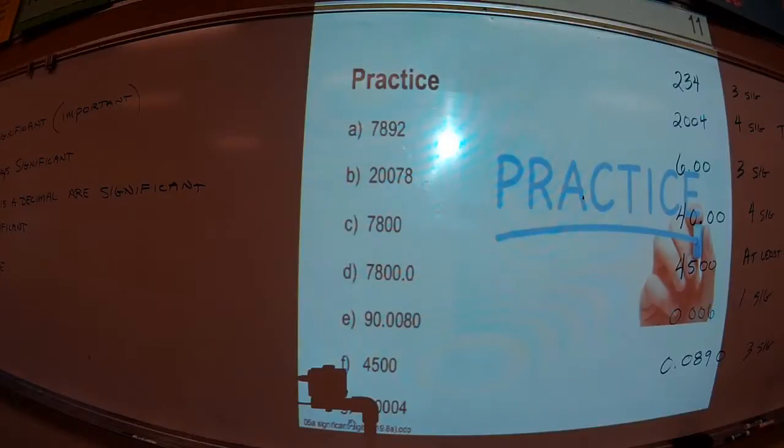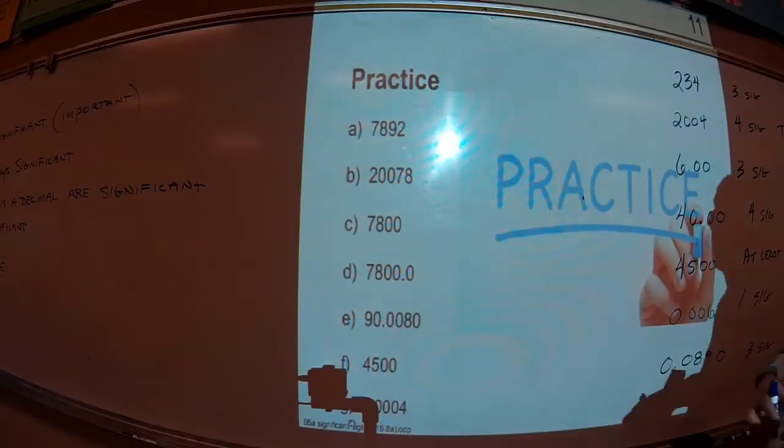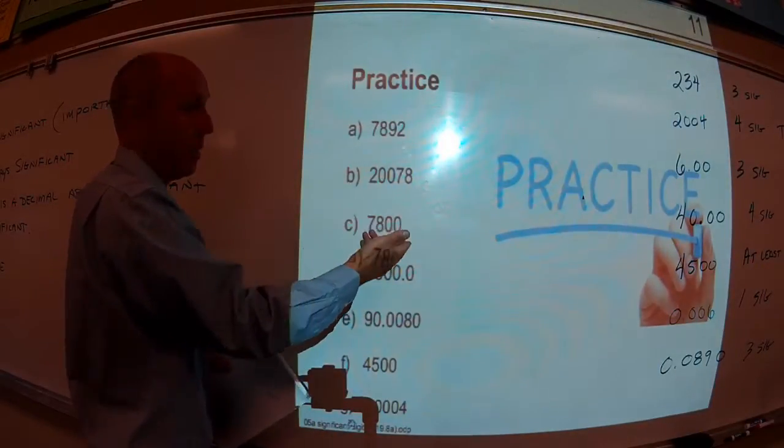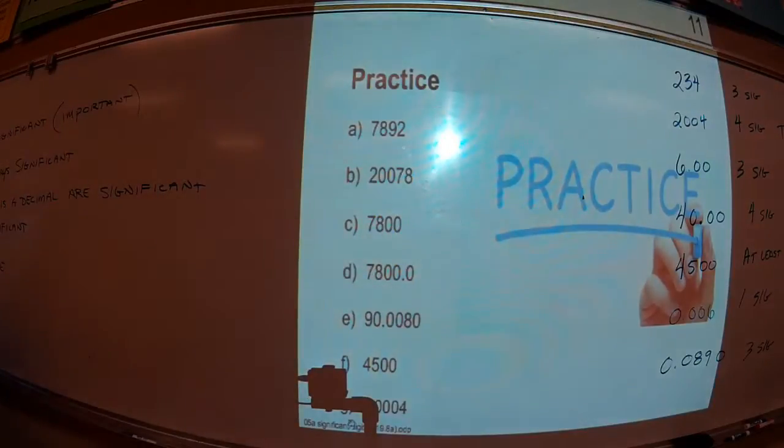Yes. 2? Maybe it's 3, maybe it's 4. I don't know. So I would call this too ambiguous, or at least 2. It's definitely 2, right? 1, 2, but those guys right there, they're trailing without a decimal. Trailing when there's no decimal, they're ambiguous.